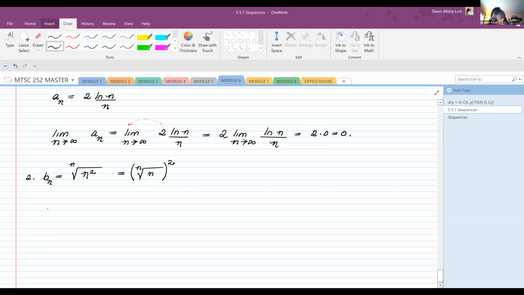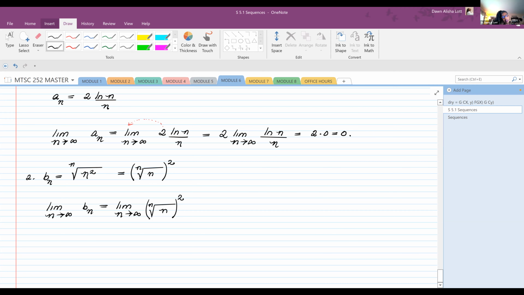So therefore the limit as n goes to infinity of b_n is just the limit as n goes to infinity of the nth root of n squared.